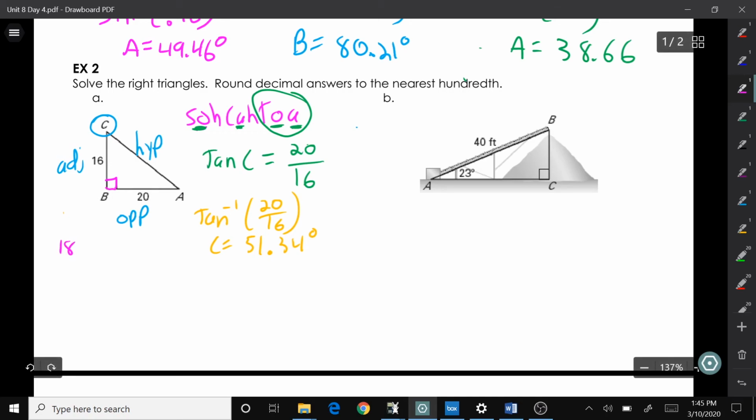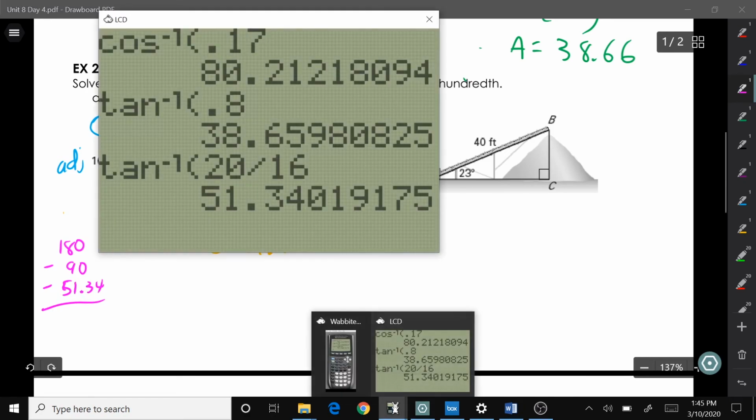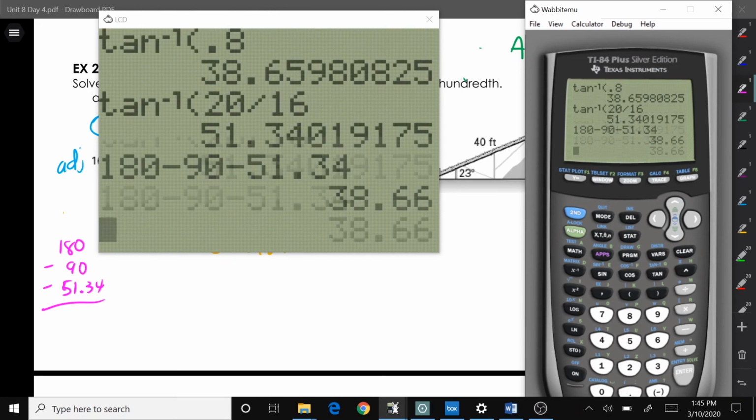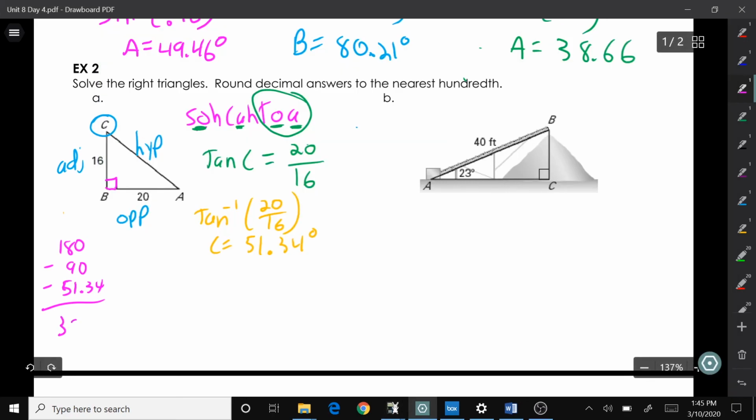So if I do 180 minus 90 minus 51.34, that will give me the measure of angle A. I get 38.66. So A equals 38.66.